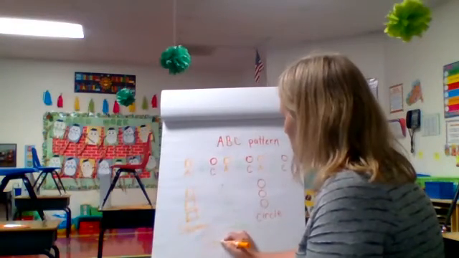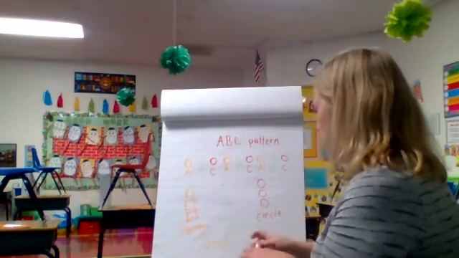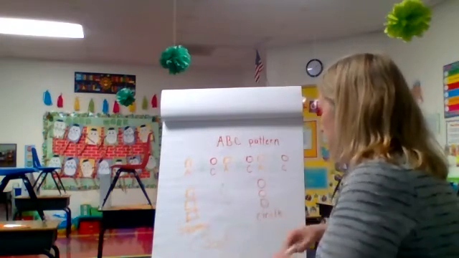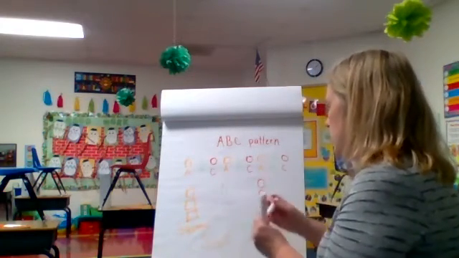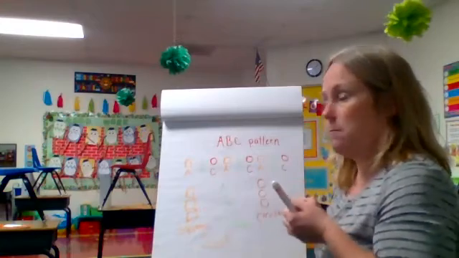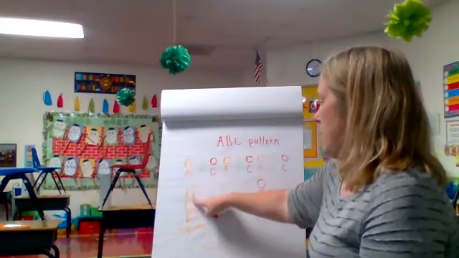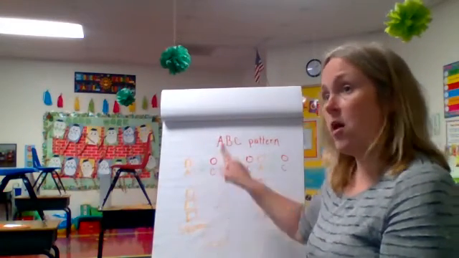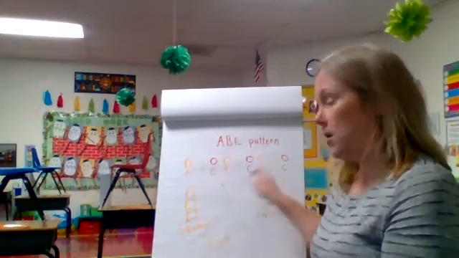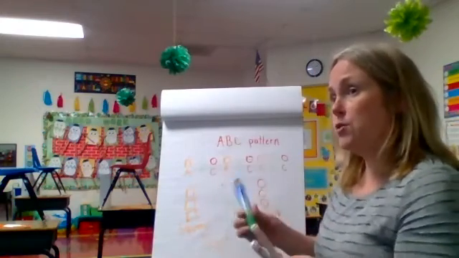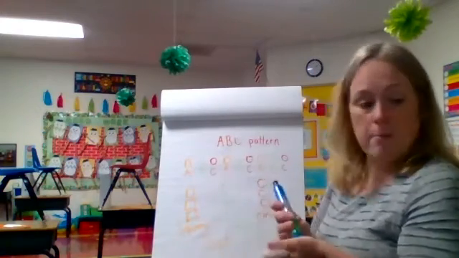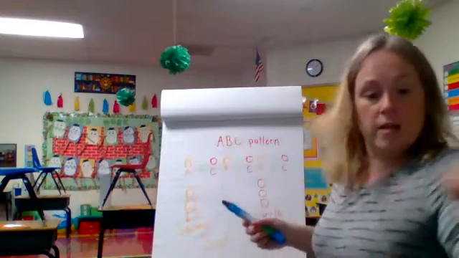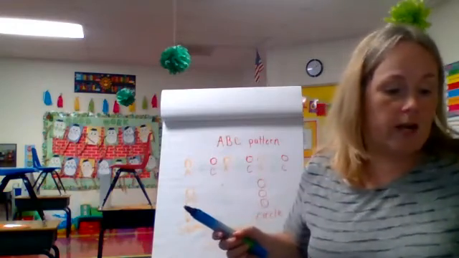Sort. And I'm putting it into a group by something that is the same. So in this case, there's two things that are the same. The shapes are the same shape, and they're also the same color. So we actually, on this one, have two sorting rules. We have sorted by shape, and we have also sorted by color.